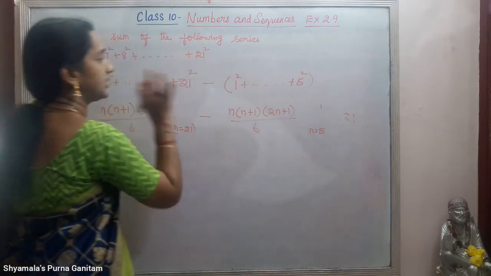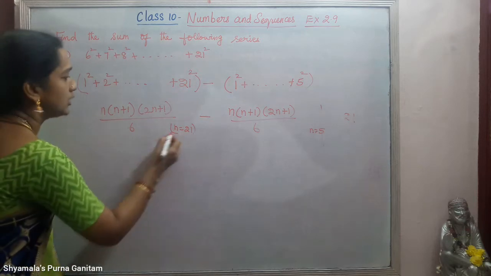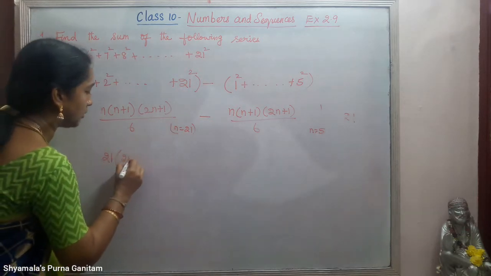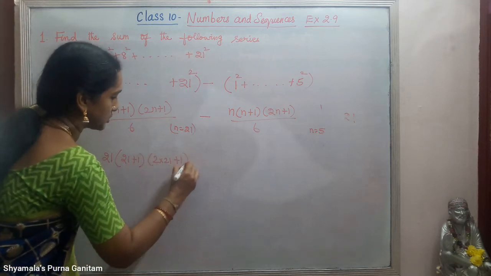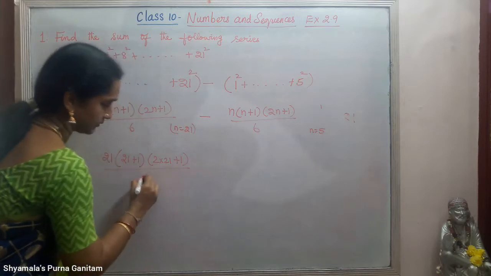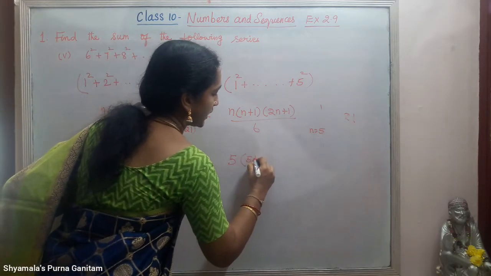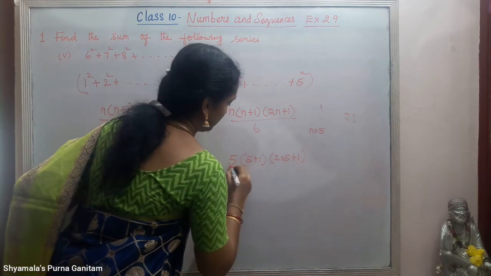Till 5 numbers here, till 21 numbers there. So now n is equal to 21. So 21 into 21 plus 1 into 2 into 21 plus 1 by 6 minus, here 5, 5 into 5 plus 1 into 2 into 5 plus 1 by 6.